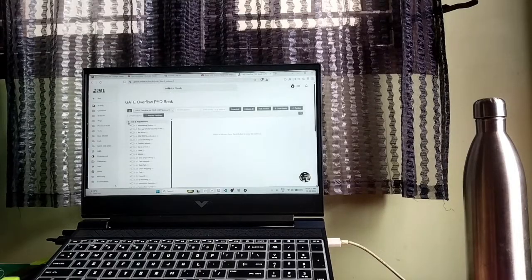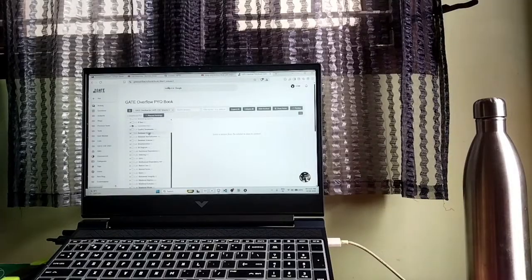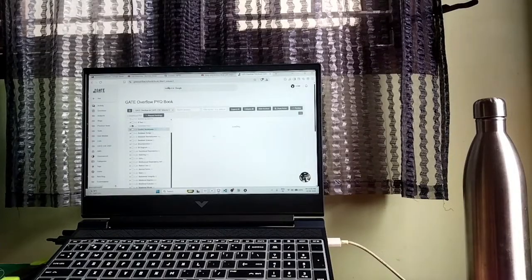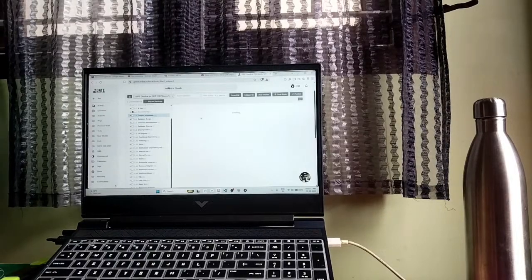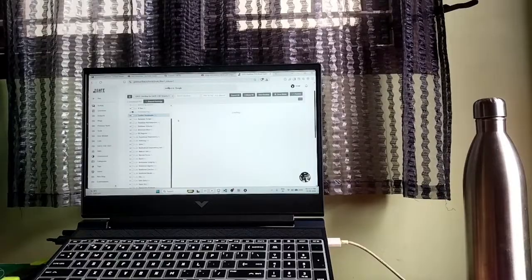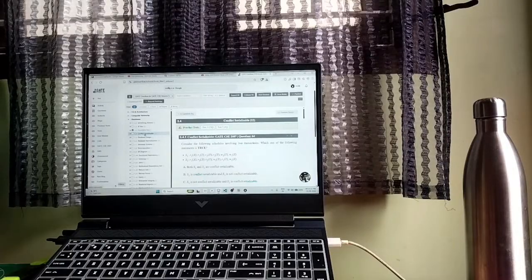Okay, so database. Yeah, I completed database. Conflict serializability. I think we wrote one test, right? Database normalization is enough. Which one is more important?